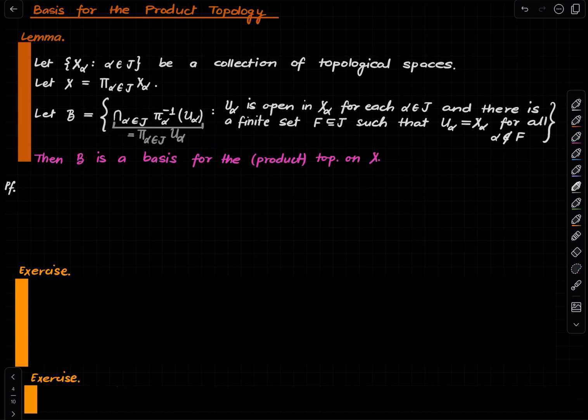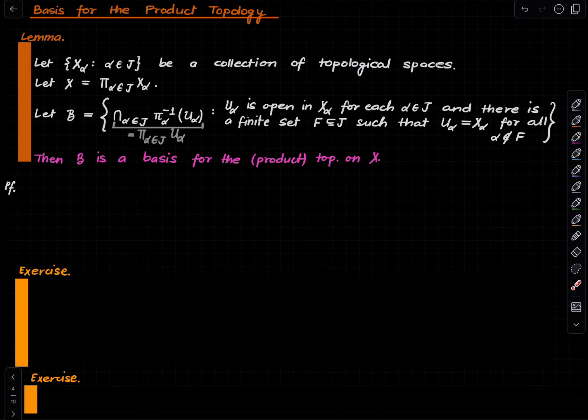Again, this is something that perhaps I forgot to emphasize in the previous lecture, in the lecture on finite spaces. So here in this product, we are saying all but finitely many U alphas are actually X alphas.